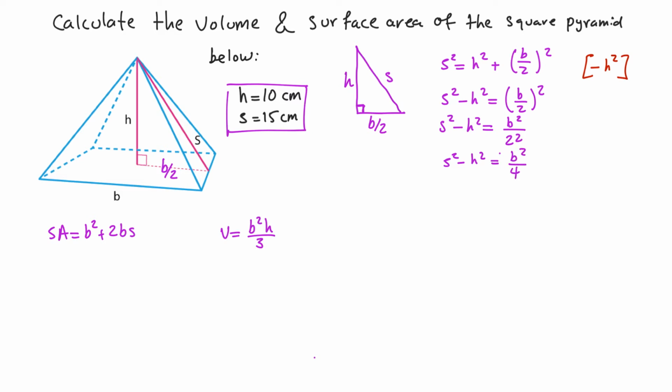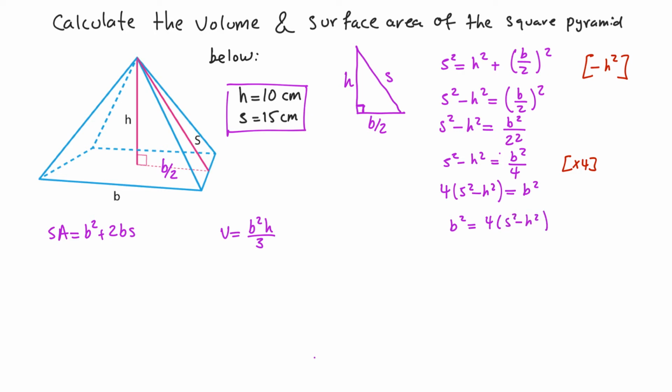And to get rid of this 4 over here, I will multiply both sides by 4, and I will end up getting 4 times (s squared minus h squared) is equal to b squared. Now I will just change it and write it as b squared is equal to 4 times (s squared minus h squared).